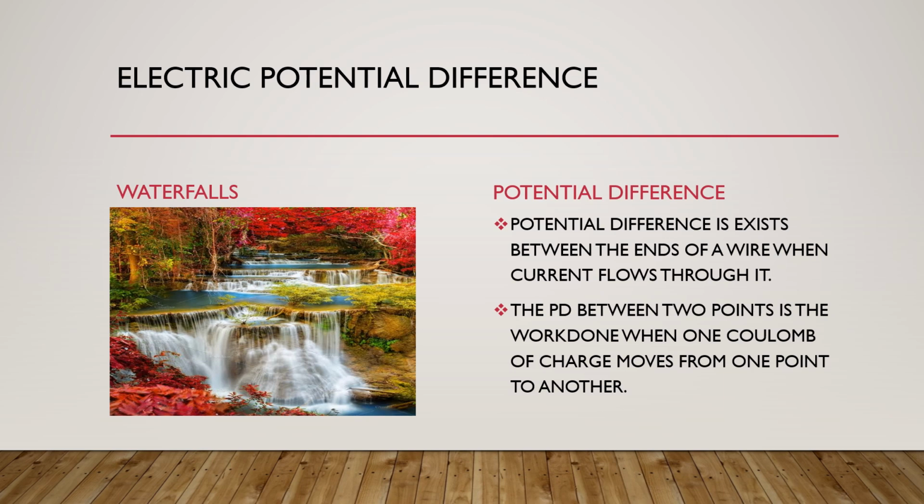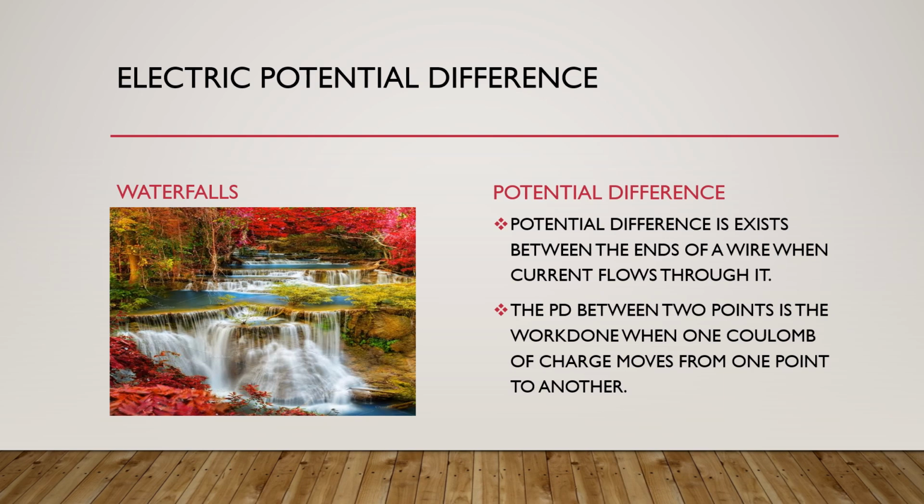In the same way, electricity flows from a point of high electric potential to a point of lower electric potential. Whenever current is flowing, the point that it flows to is of lower electric potential. So we say that there is a potential difference that exists between any 2 points along a wire if current flows through it.